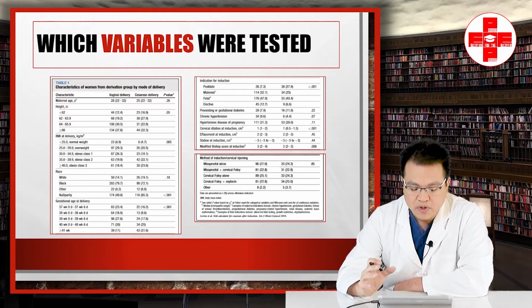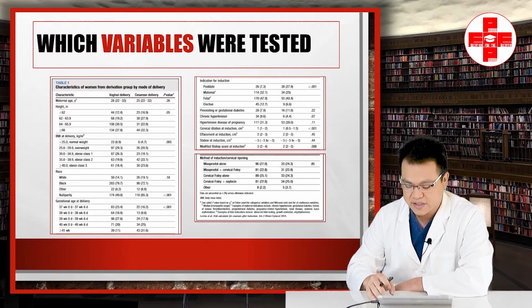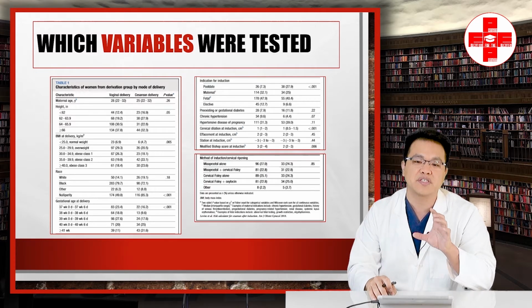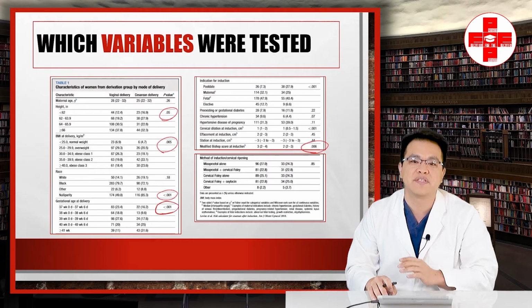So which variables were tested? They had access to a lot of data, so they had to see which variables they should actually use to make this calculator as efficient as possible. So they tested several things and looked at the correlation of each of these variables to risks of vaginal delivery or C-section.